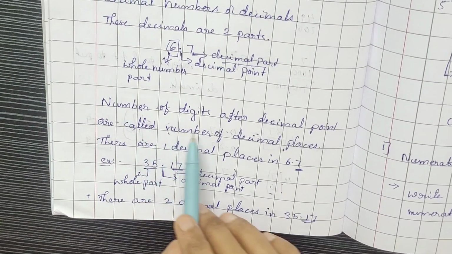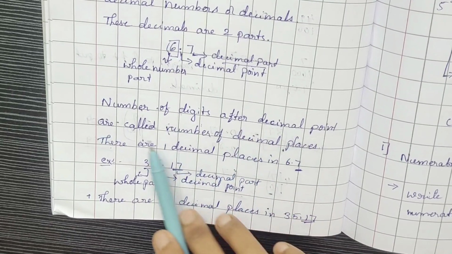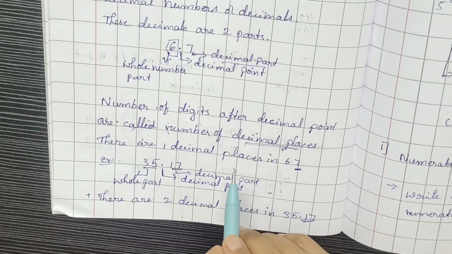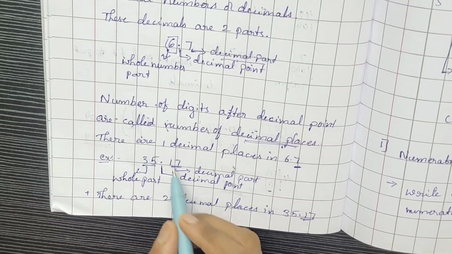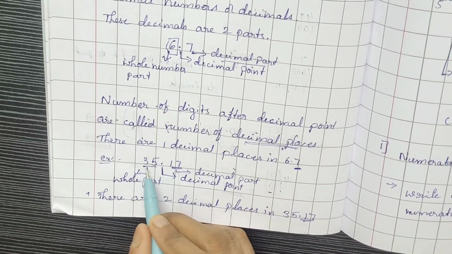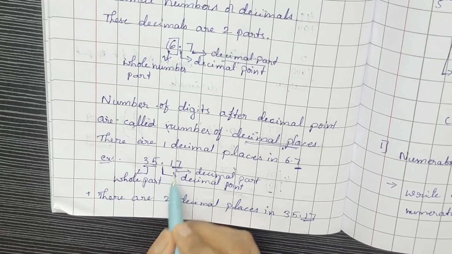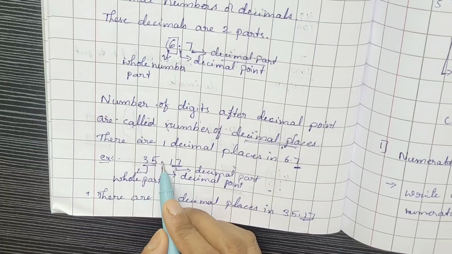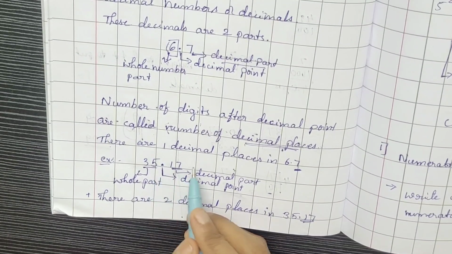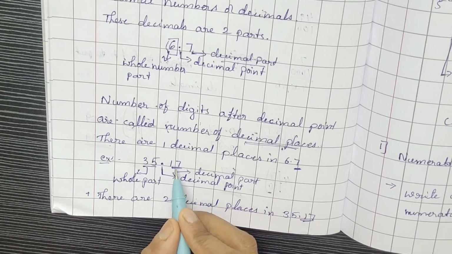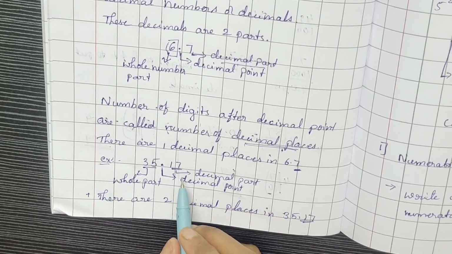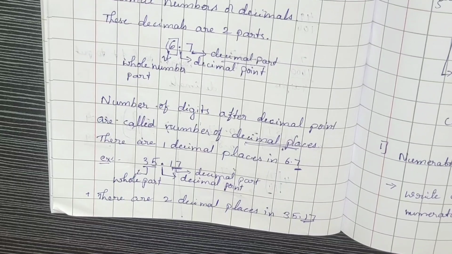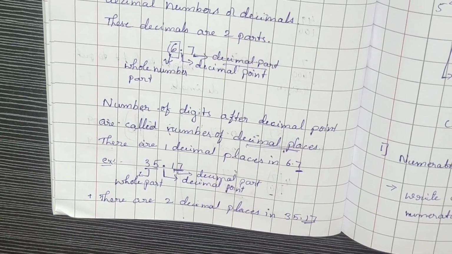Next, the number of digits after the decimal point are called the number of decimal places. Okay, for example 35.17. The number of digits after this decimal point, these we can call decimal places.